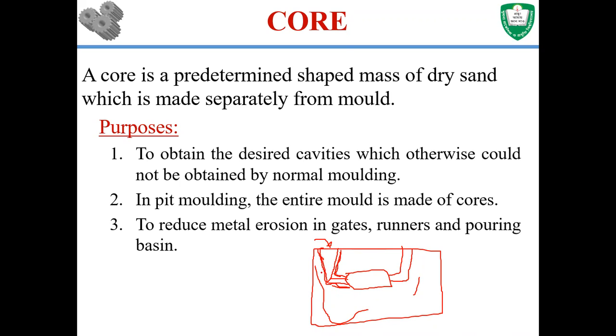To avoid that, you can use cores in here, so that the molten material flows easily and there is no chance of contamination of sand into the molten material. You can also use the core in the case of the riser, but that is not actually necessary. That is why it says only gates, runners, and pouring basins. All these things can be made of core.